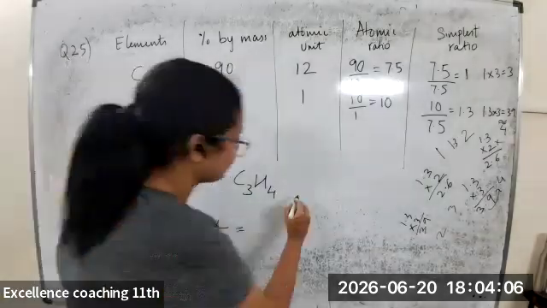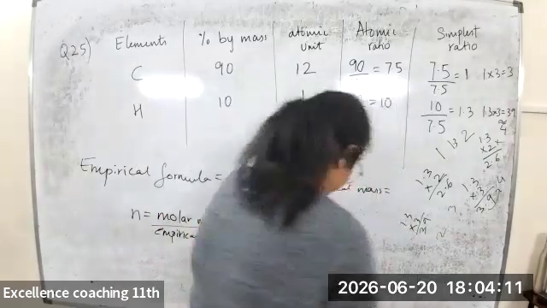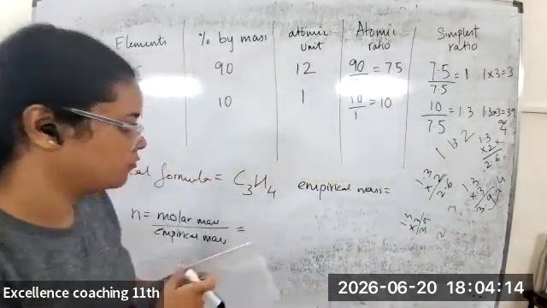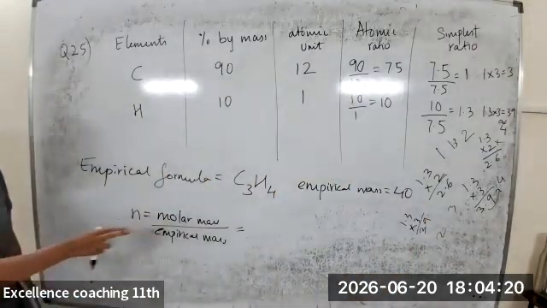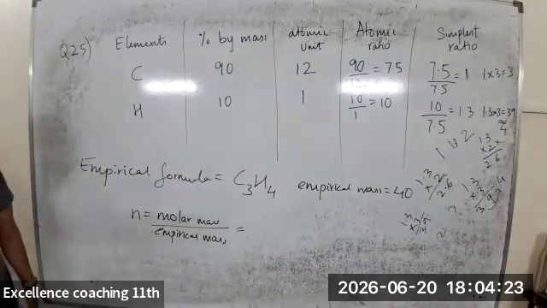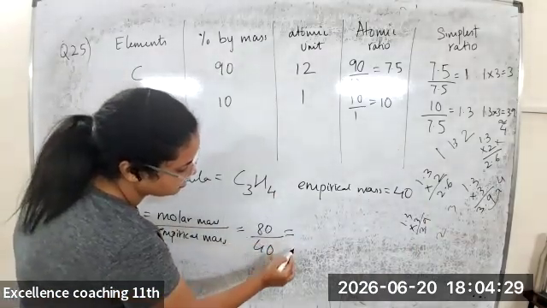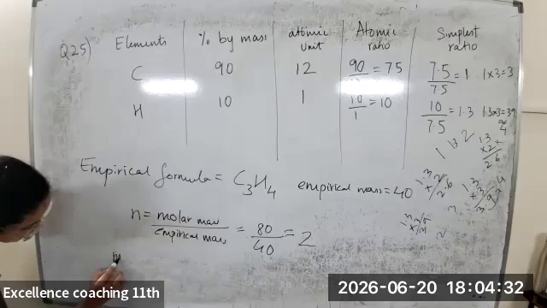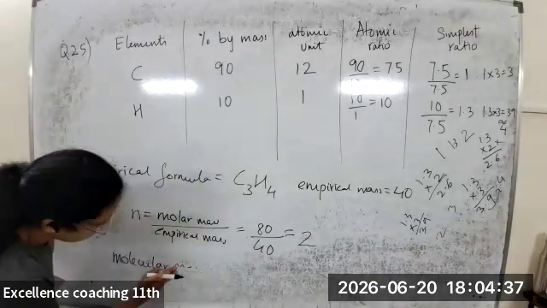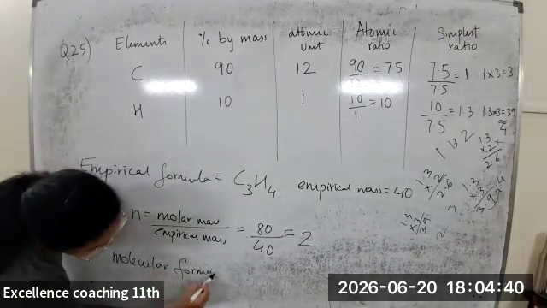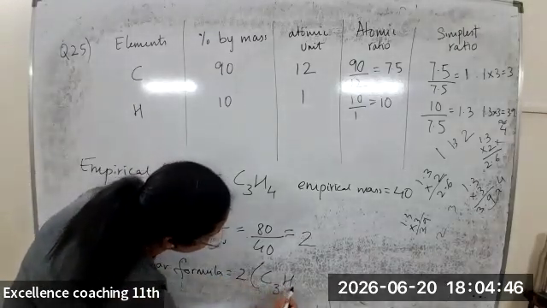Now I want you all to find the empirical mass. Empirical mass is 40. Okay, done. Now we have to use this N. N is equal to molar mass upon empirical mass. Molar mass is how much? 80, right? Upon 40. How much? 2. So what will be my molecular formula? 2 into my empirical C3H4.